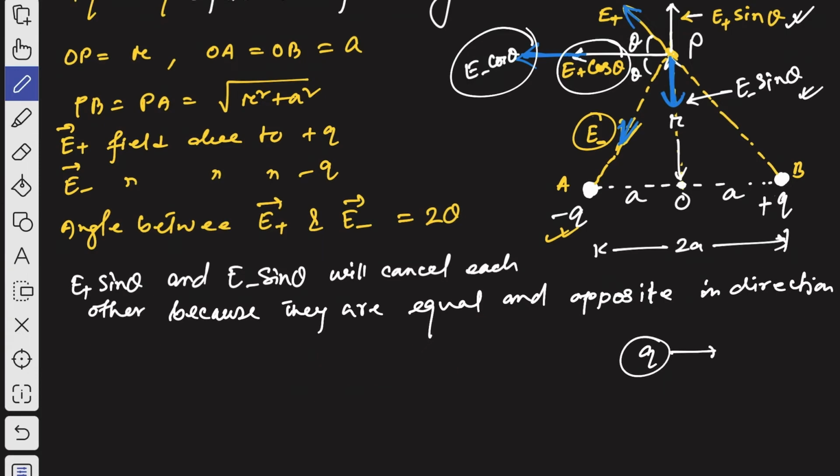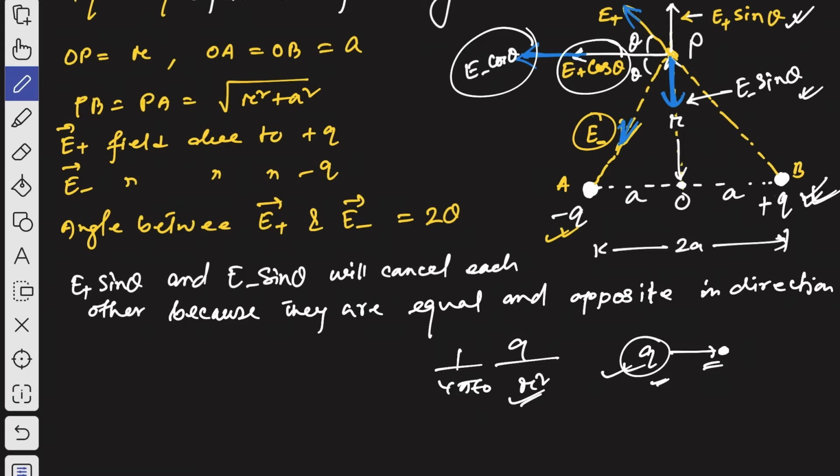So now what we're going to do here: the magnitude of an electric field at any point due to a charge is given by 1 by 4 pi epsilon naught q by r square, where r is the distance between the charge and the point where you are going to find the electric field.